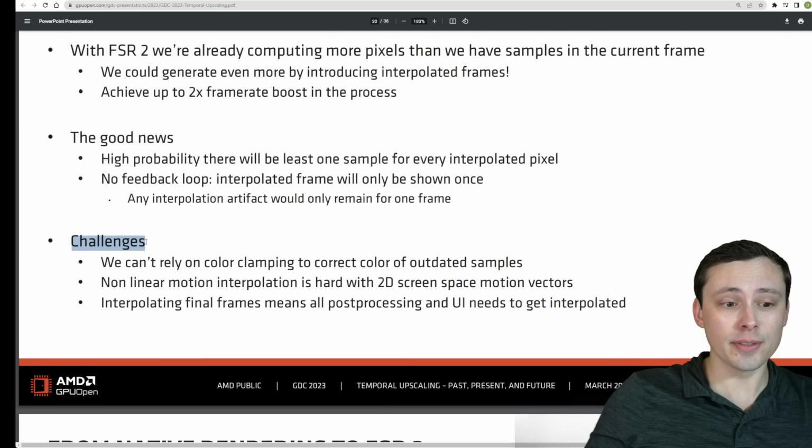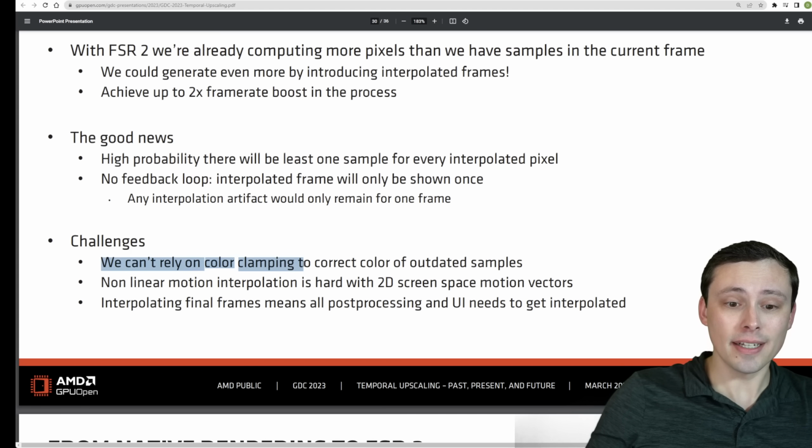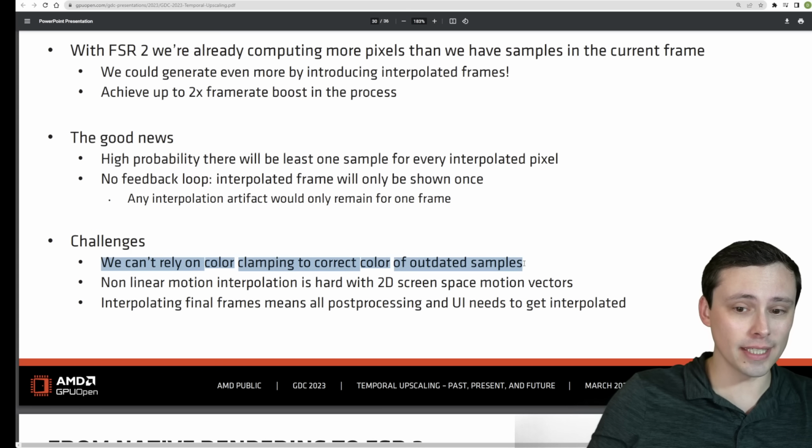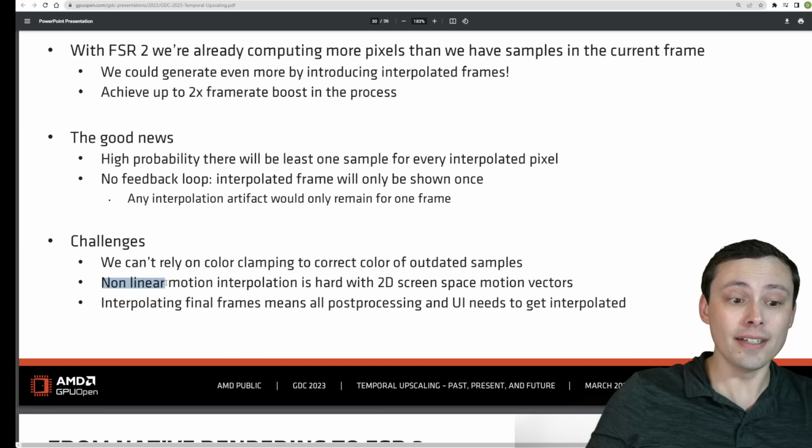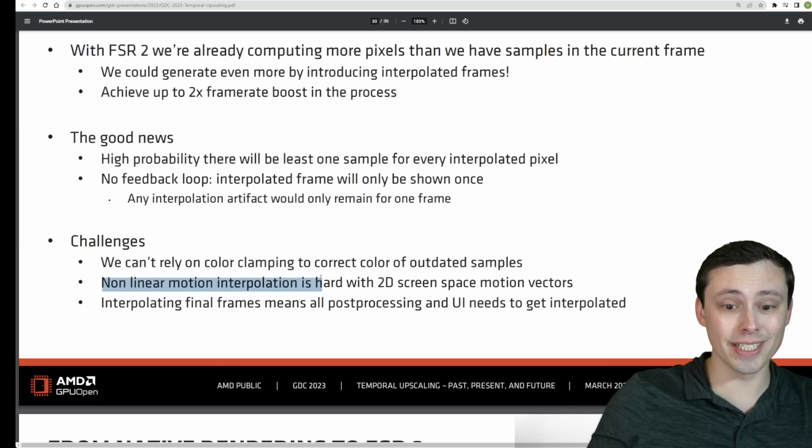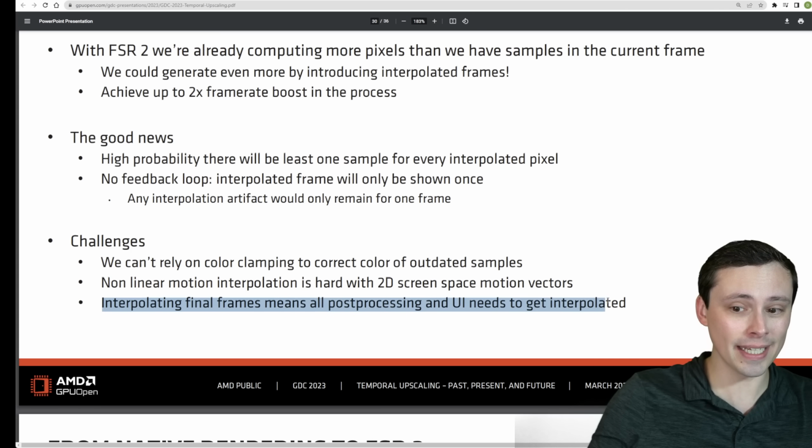However, they do mention some challenges. They can't rely on color sampling to correct the color of outdated samples. Non-linear motion interpolation is hard with 2D screen space motion vectors, and interpolating final frames means all post-processing and UI needs to get interpolated.